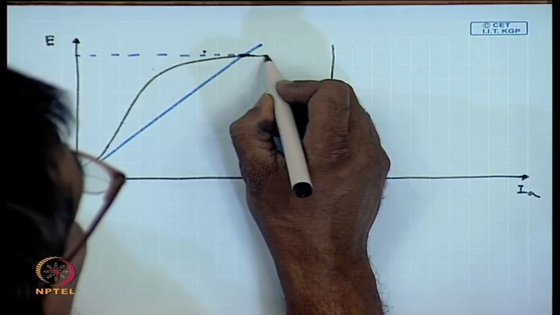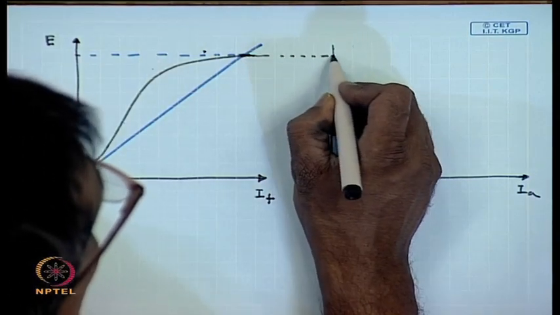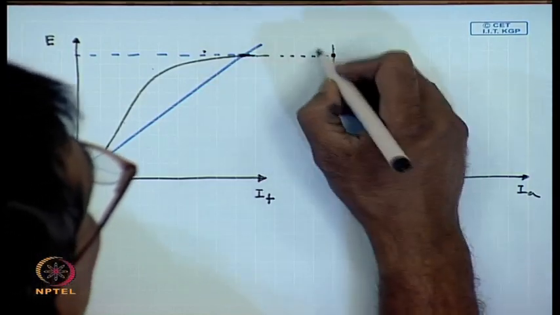Since at no load there is no armature current, there is no armature reaction. So, the terminal voltage is given by the intersection.